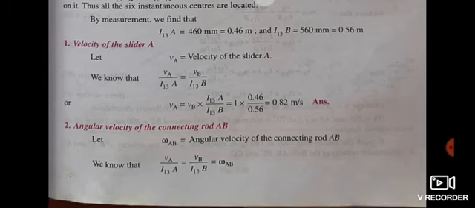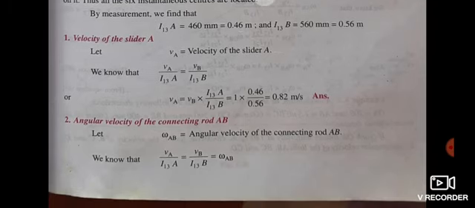By measurement, we find that I13A is 460 mm, that is 0.46 meter, and I13B is 560 mm, that is 0.56 meter. Now, first point, velocity of slider.